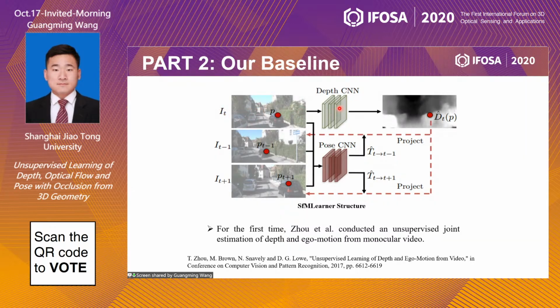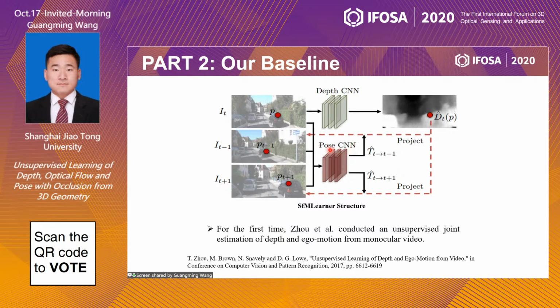The depth network estimates the depth of the I_t image, from which they get the point cloud of the I_t image. Then the point cloud is projected to the consecutive frame, like I_t-1, using the pose estimated by a pose network.